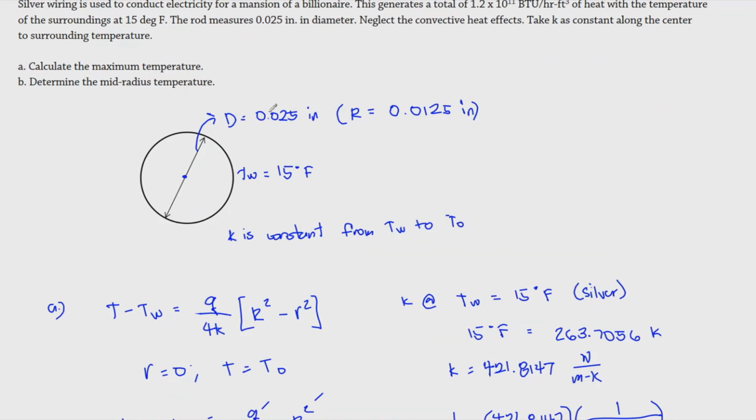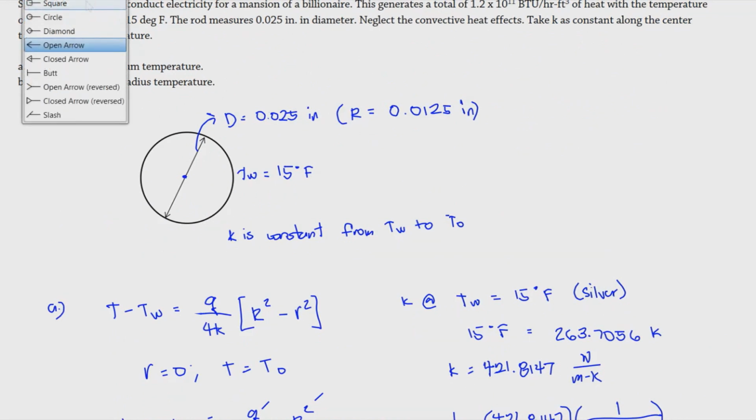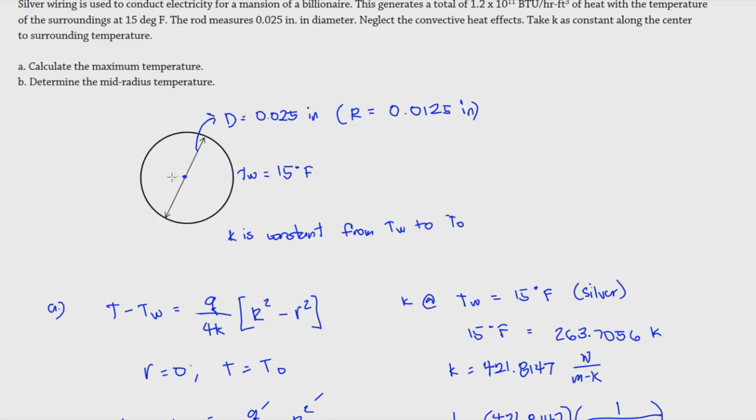If we wanted to draw the mid-radius in our figure, it would be somewhere in this portion, since this is the whole radius, and we just need to take 1/2 of that radius.